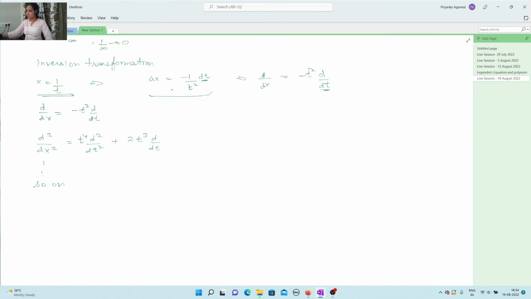So basically you cross multiply over here and use it as an operator. So this will be t to the power 2 only, not minus 2. See, if you write this, this will be dx equals to minus t to the power minus 2 dt. But if I'm writing this, then it will be minus t2 only, not minus 2.